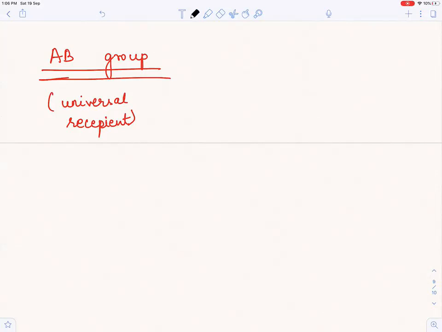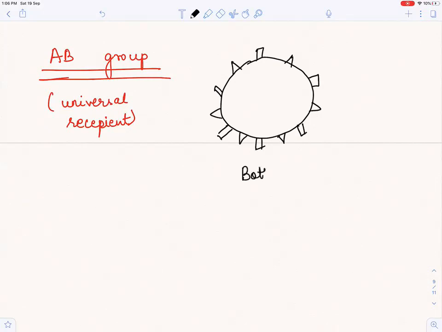First draw on your own and then see whether you're drawing it correctly or not. If this is the erythrocyte of a person who has AB group, which antigens will be there? These are A, and these B will also be there. Both A and B antigens are present. Please remember it, AB group, right?